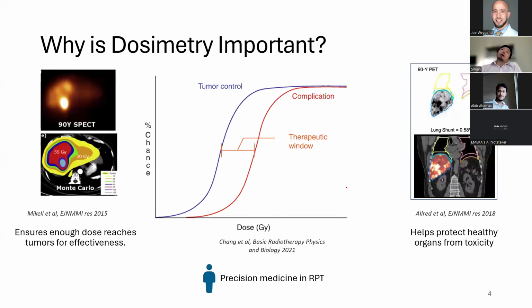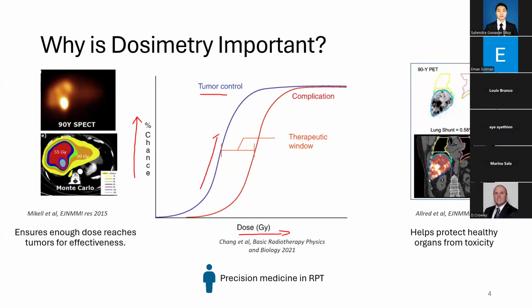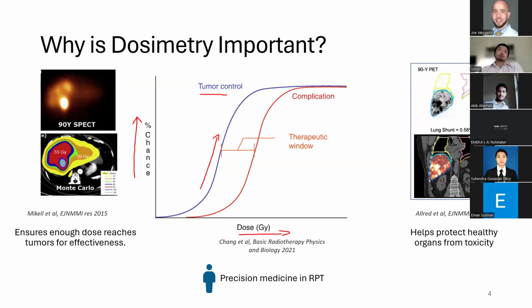So why is dosimetry important? Why do we bother? What you see here is a graph. On the x-axis is dose, and the y-axis is odds or probability, and the left curve here is tumor control. If you look at the blue left curve, as you increase the dose, the chance of controlling the tumor, or in other words killing the tumor, increases.